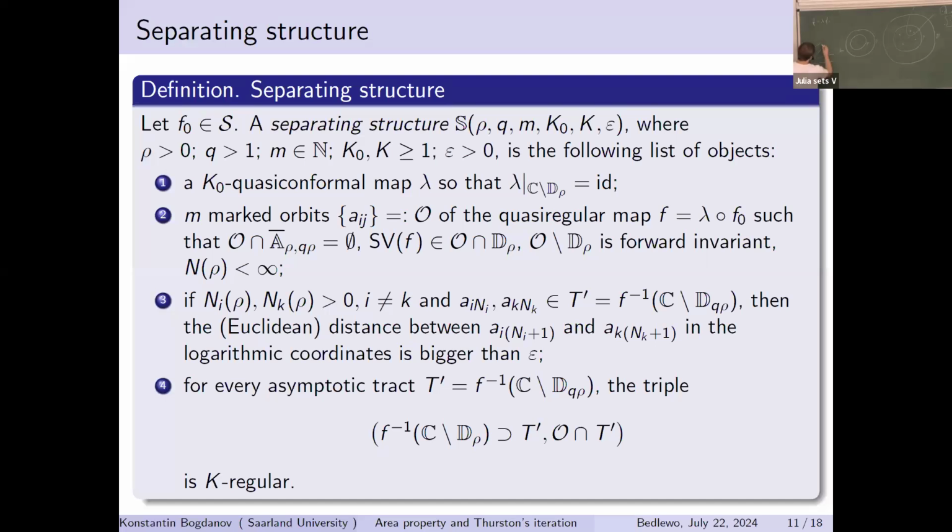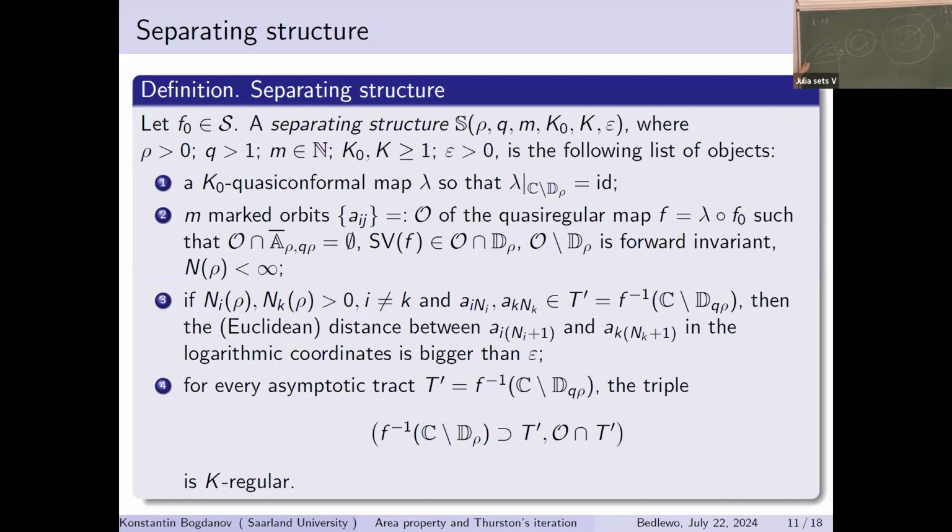What do we do? We say that this pair of tracts is k-regular if, when we draw a circle of radius rho prime once again, the tract T prime is k-regular in T if for any boundary point of T prime which lies in the disk of radius rho prime, we can map it via a quasi-conformal map to the circle of radius rho.